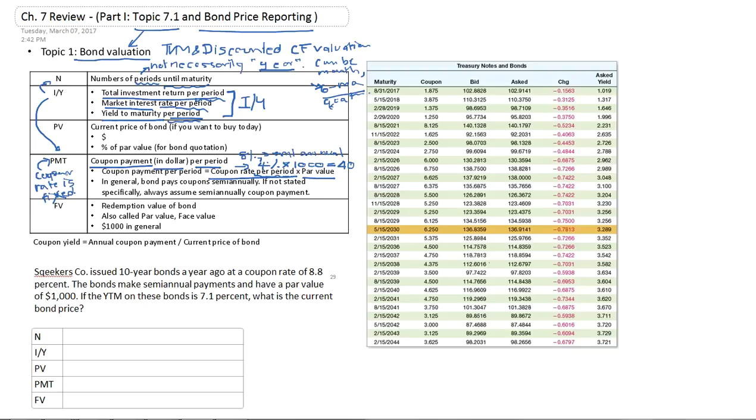So if you put it in PMT, that means the coupon payment or coupon rate is fixed or constant throughout the life of the bond. You have to remember that the coupon rate never changes. It's just part of the contract.